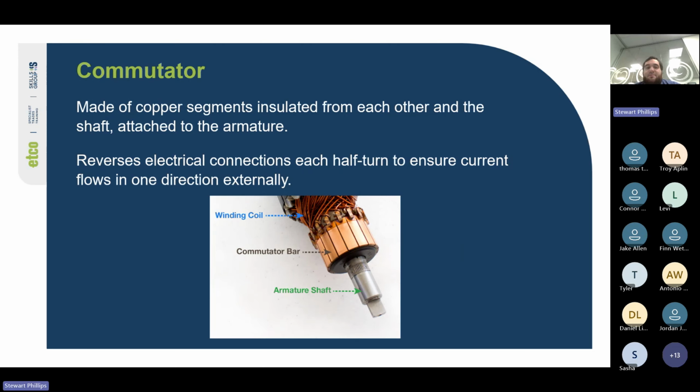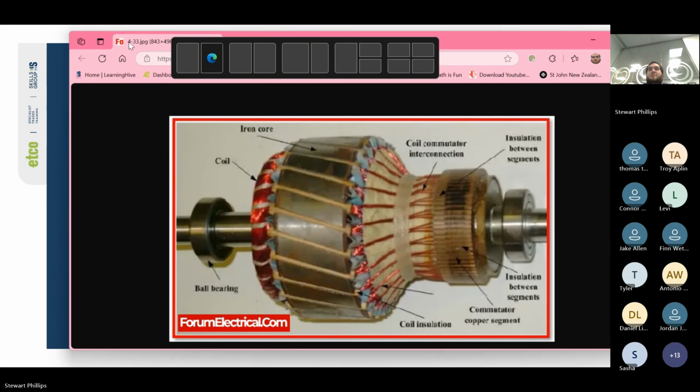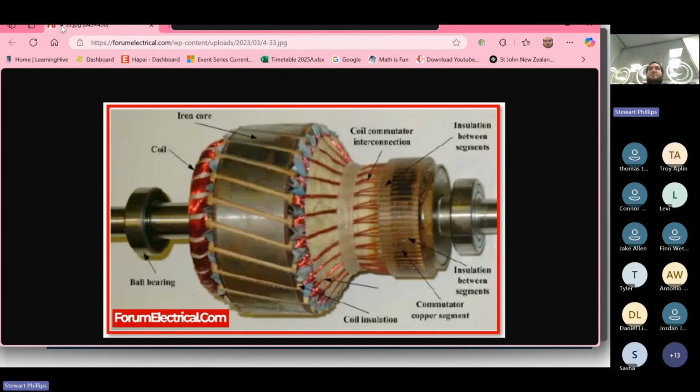Yeah. So these loops here are the coils. Here might be a little bit easier.